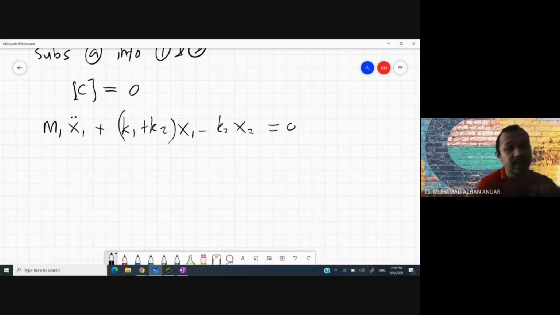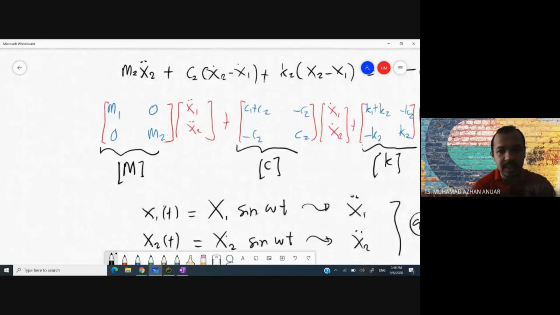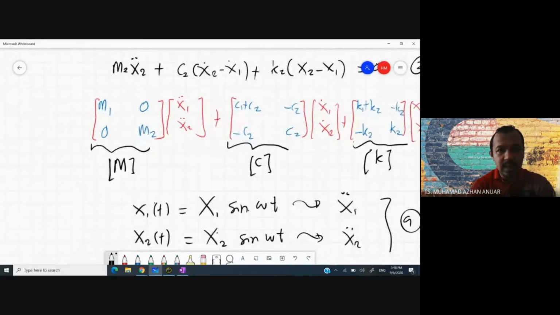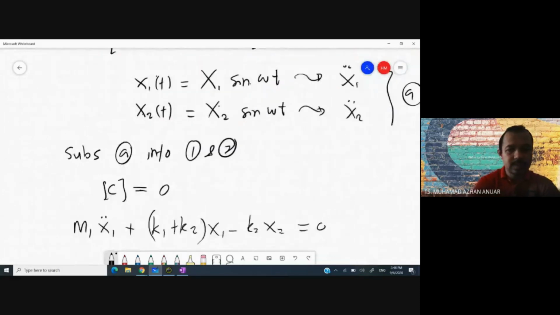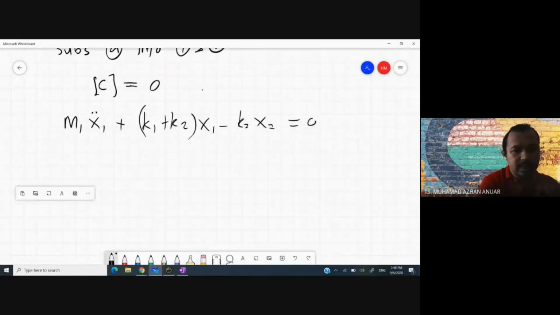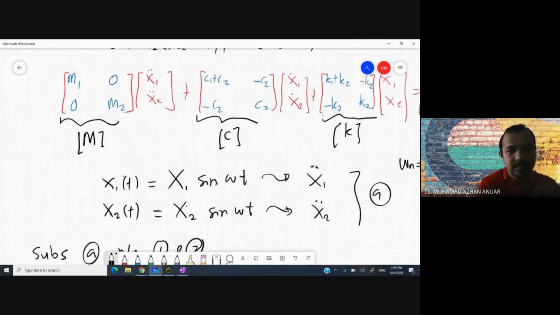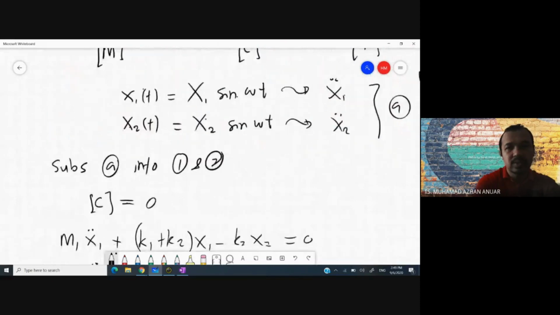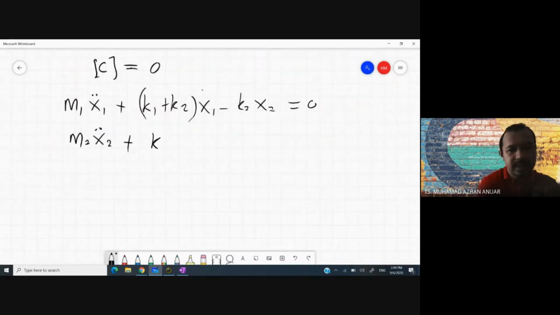When we forget about the C elements, we get this one. And from the second equation, we have M2 x double dot 2 plus K2 times x2 minus x1. That is equal to 0.